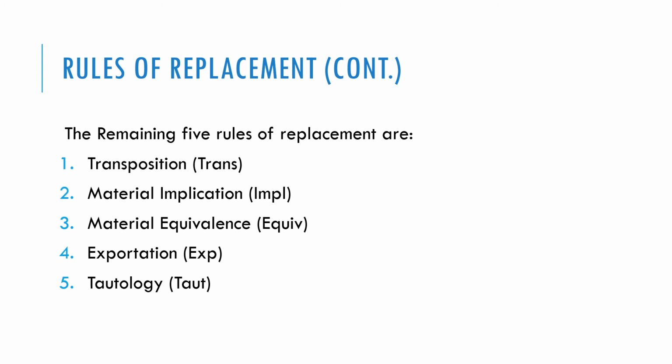Now, the next 5 rules that we're going to look at are transposition, material implication, material equivalence, exportation and tautology.